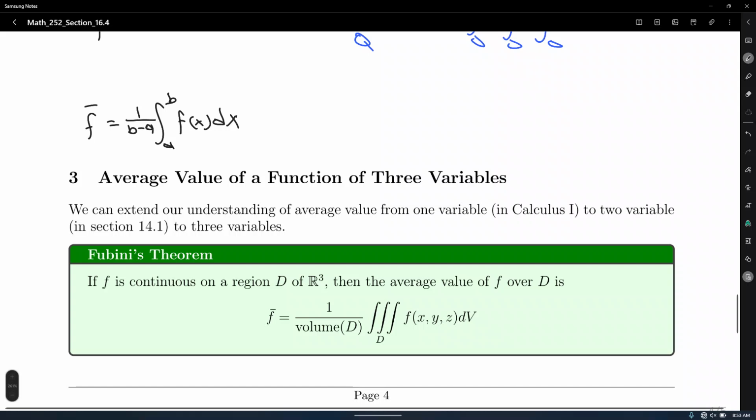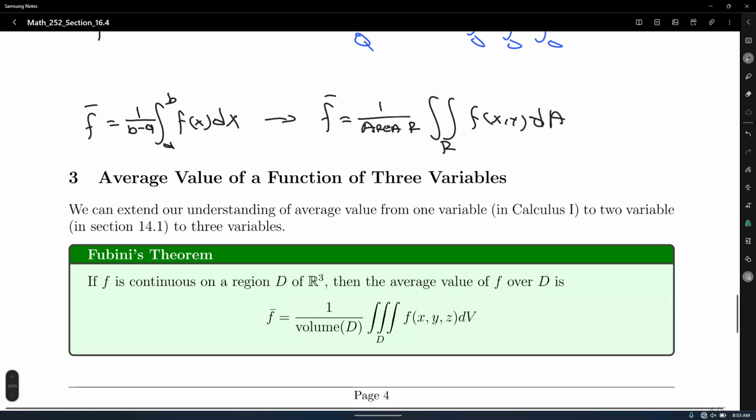And then what did we do for f bar for a function of two variables? Well, that is the double integral of f of x y dA times 1 over the area of R when we integrate over R. Let me make this easier to read: 1 over the area of R times the double integral over R of f of x y dA.